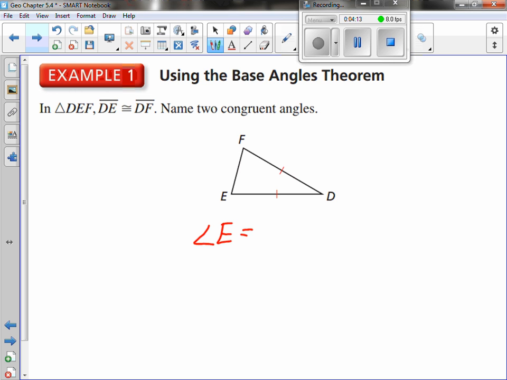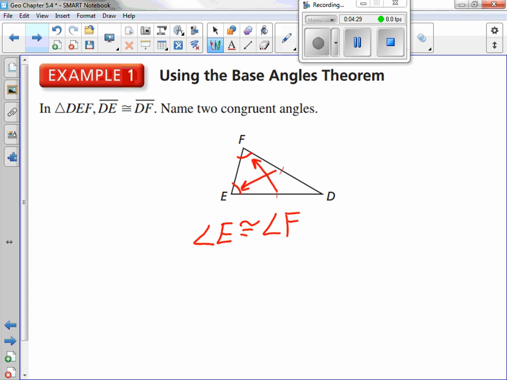Angle E would be congruent to angle F, because the angles opposite congruent sides are congruent. The angles opposite the congruent sides are going to be congruent every single time. Questions on this here?